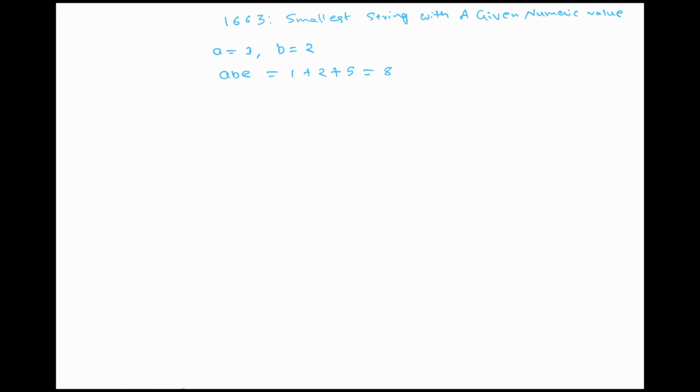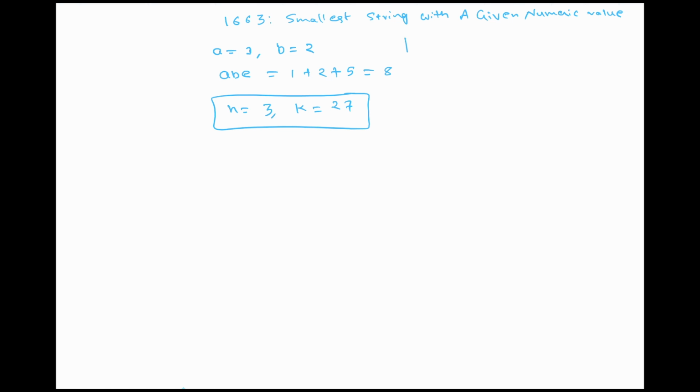So given a number n equals, let's say, 3, and k equals, let's say, 27, for example, return the lexicographically smallest string which has this value.